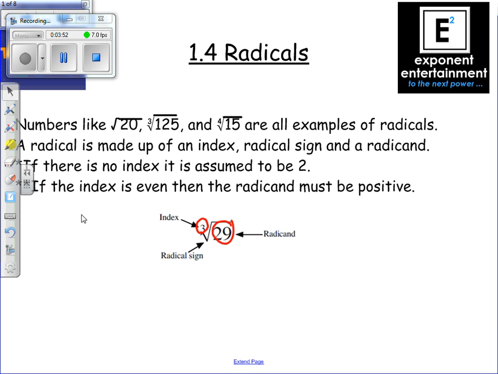So these all connect, right? Now break them apart. The cube root of 27 and the cube root of 8. The cube root of 27 is 9? 3. Check your calculators. It's 3.